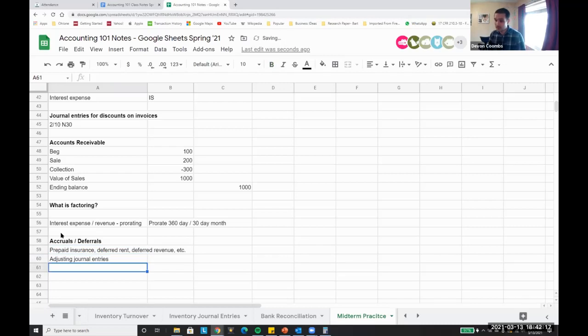So at the end of a period, we determine how much has been used, and then we would debit or credit out the remaining balance. Like, for example, prepaid rent, right? If we pay $1,200 in rent halfway through the year, we debit prepaid rent, credit cash, and then at the end of the year, we would debit rent expense and then credit prepaid rent for half that value.